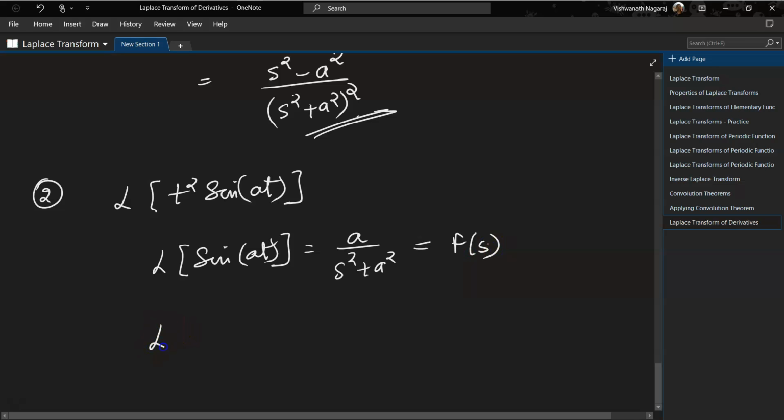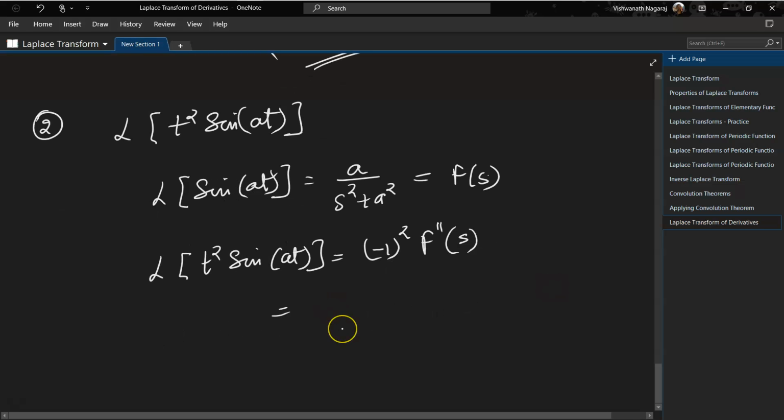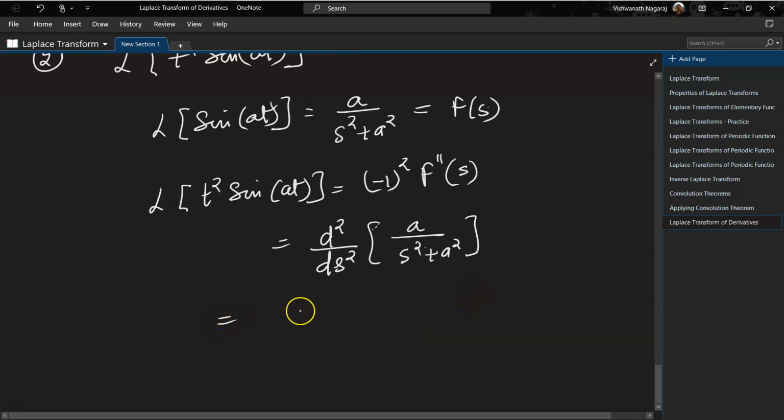Applying the theorem, Laplace of t square sine at is equal to minus 1 square F double prime, because it is t square, second derivative of s, F of s. This minus 1 square disappears, becomes plus. So we are left with d2 by ds square of a by s square plus a square. Okay. So now we have to differentiate it twice.